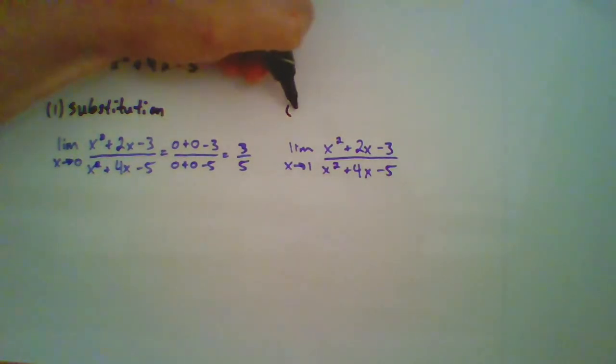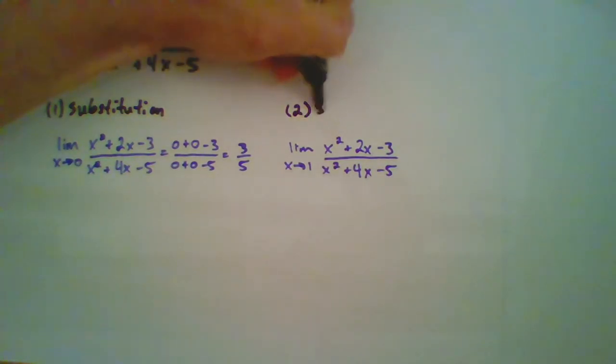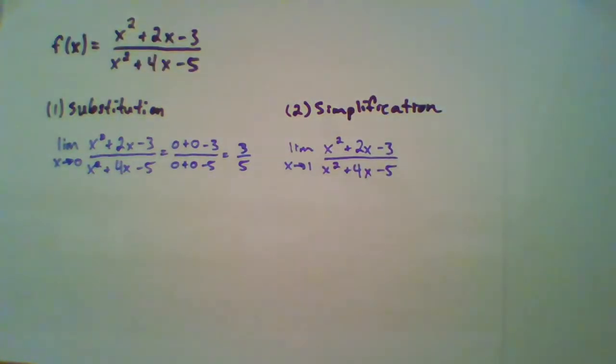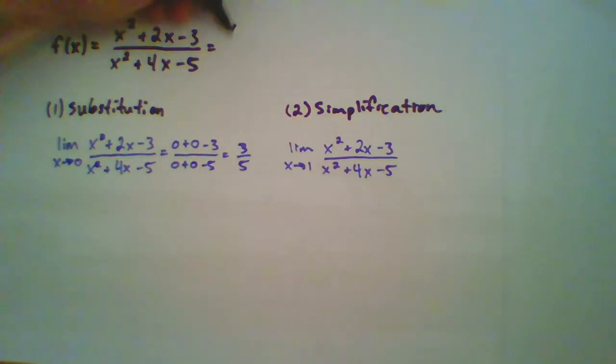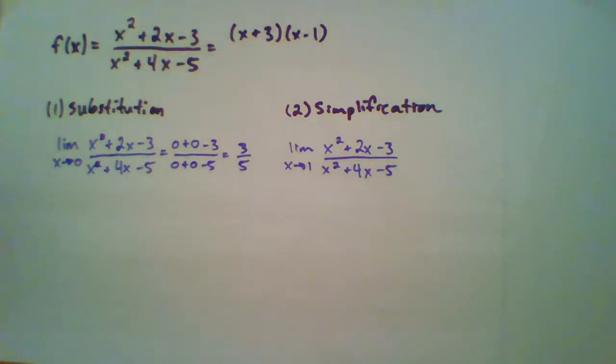So method 2 we're going to call simplification. All right, and if you're looking at this, you might not immediately think that there's much to simplify. However, if we do a little bit of factoring, it'll be more clear. So let's see, if we factor the numerator, we get that.